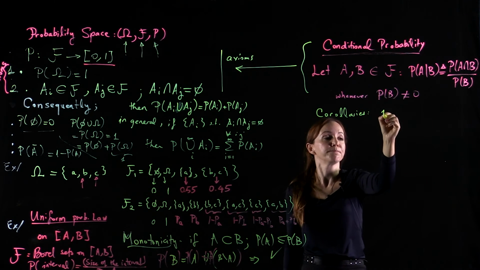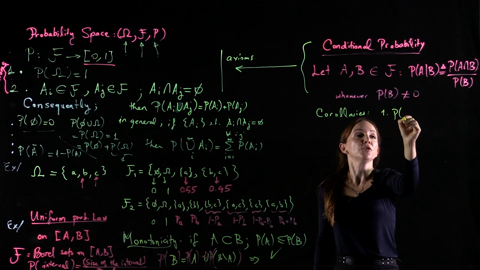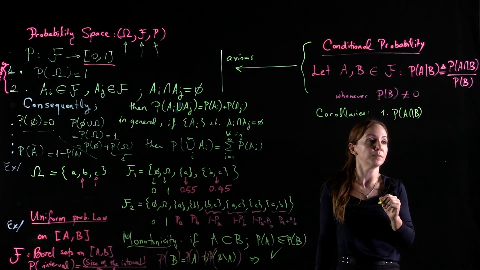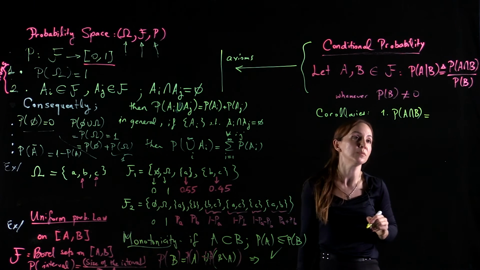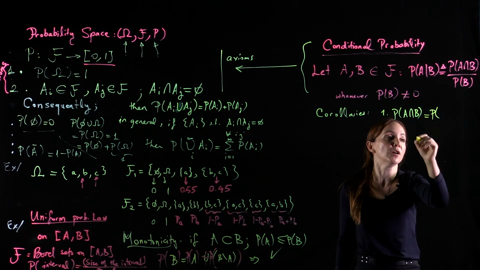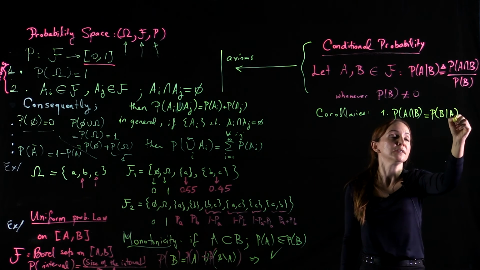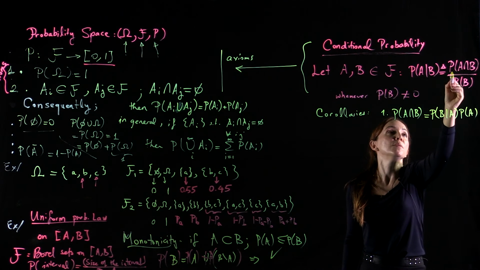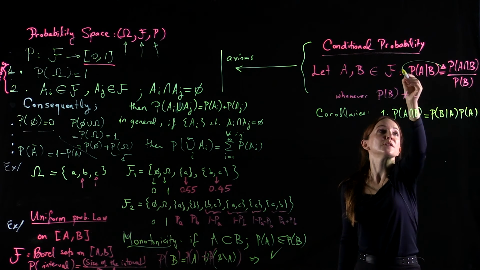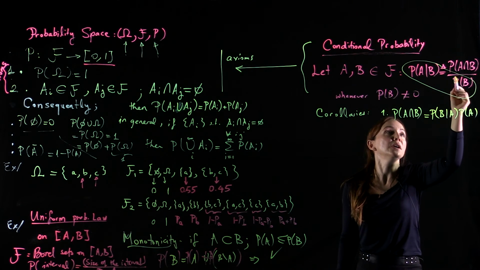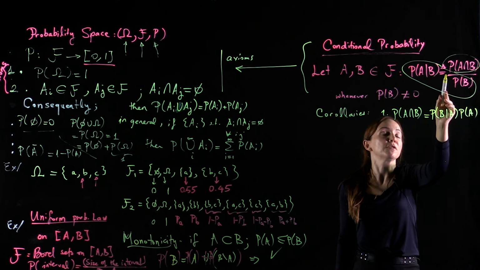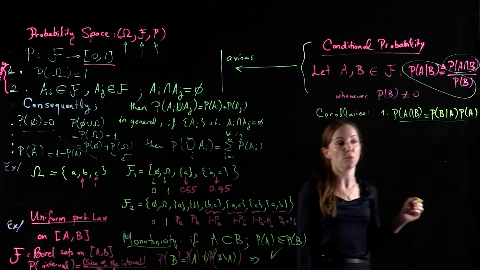First of all, the probability of A intersection B can be computed as the probability of B given A times the probability of A. Well, that simply follows from noticing that P(A given B) times P(B) is equal to P(A intersection B) from the definition, and this follows in the same way.